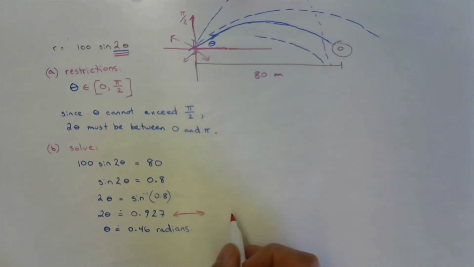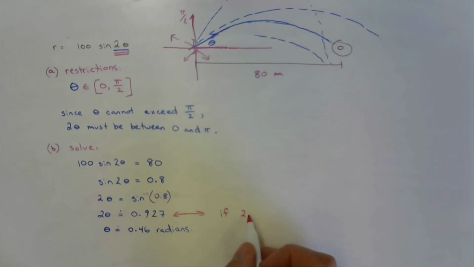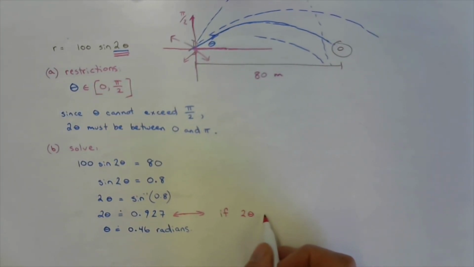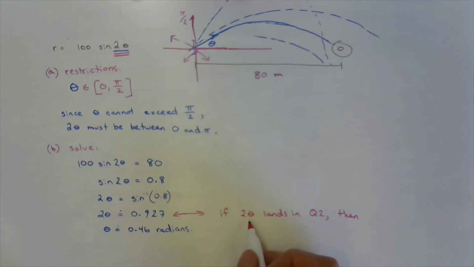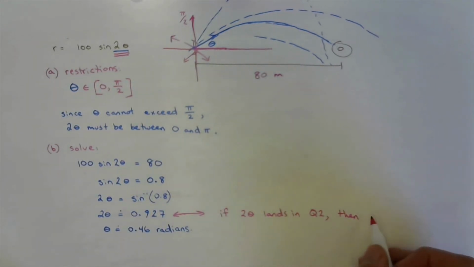And the note is, if 2 theta, if 2 times our angle theta lands in quadrant 2, then theta will be in what quadrant? Quadrant 1. It'll be in quadrant 1.